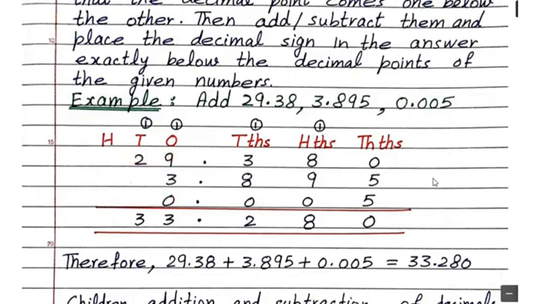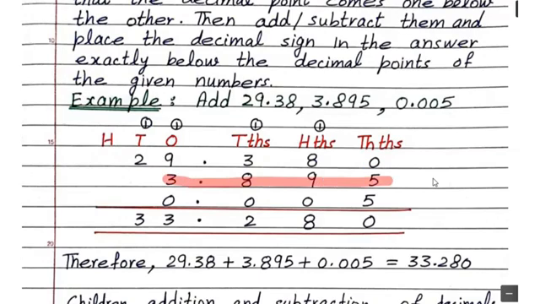Then we put the decimal sign. After the decimal, it is 29.38 and we have taken one extra 0. Right? So 3 is at the 10th place, 8 is at the 100th place, and then 0 is at the 1000th place. Right?